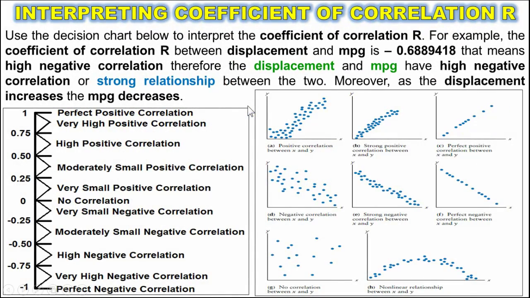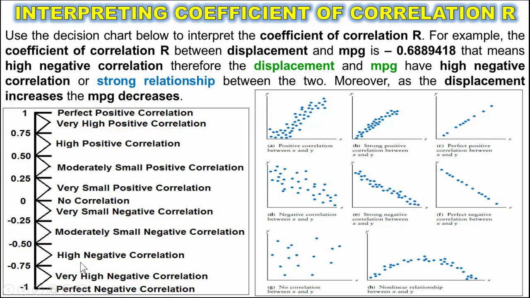Interpreting the coefficient of correlation R. Use the chart below to interpret the coefficient of correlation R. For example, the coefficient of correlation R between cylinder displacement and miles per gallon is negative 0.6889418.